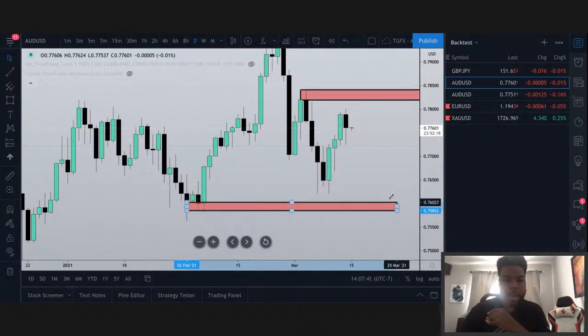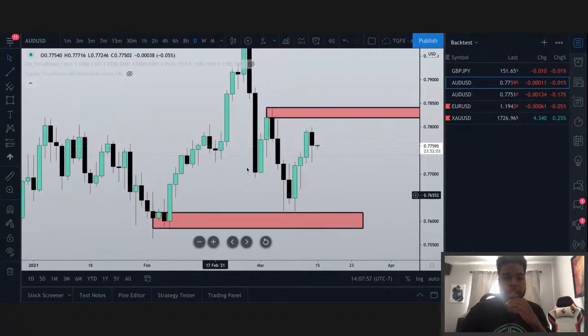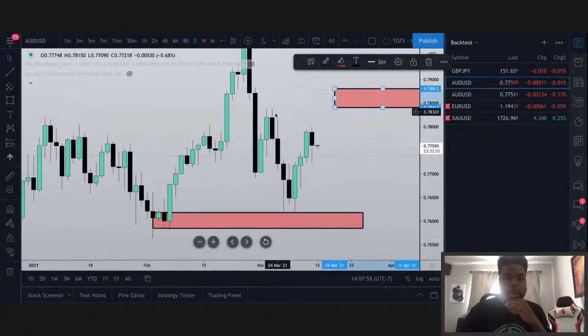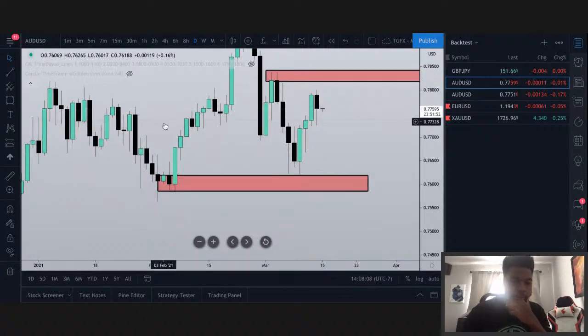Now, usually I draw my zones off of wicks only, but what I'm trying to show you guys is when price comes into these areas of equilibrium, consolidation, order blocks, whatever you want to call it, you have to trap price inside of that consolidation area. Versus an area like this up here, which did not move sideways at all, it just went up and down, you literally only trap the wicks, okay? So, nonetheless, price pushes down to demand, we get a strong rejection from demand.